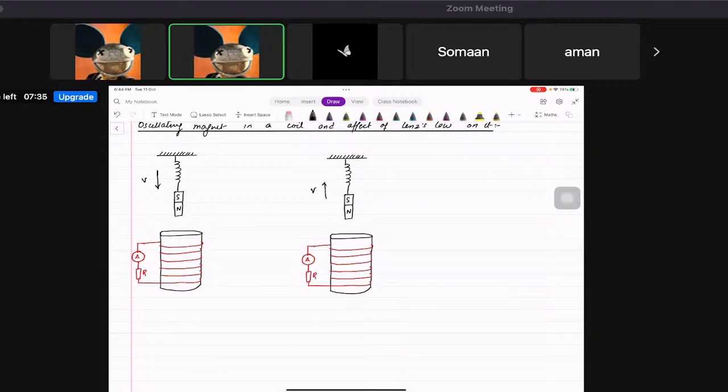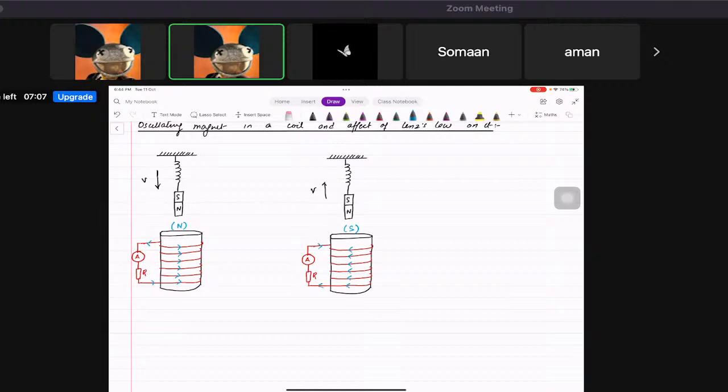Of course when it's moving down, we've learned that this will induce a north here just to oppose it, and when it's moving up it is going to induce a south here to oppose it. The north is induced because the current starts to move within this, and the ammeter shows a reading, and when it's going up, the current will be induced in the opposite direction. So the right hand grip rule can help you find this.